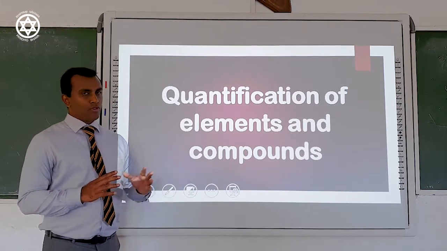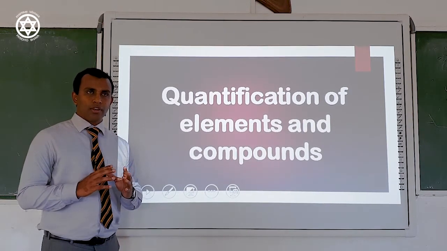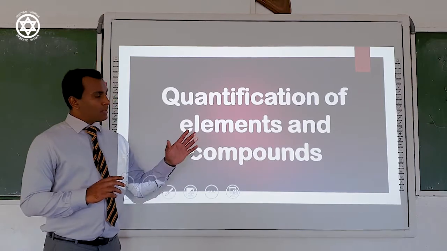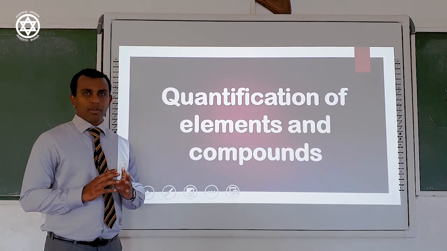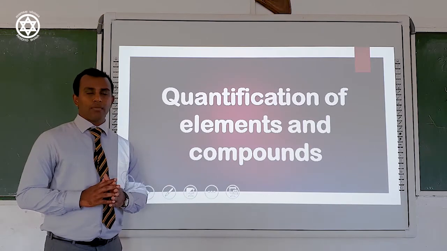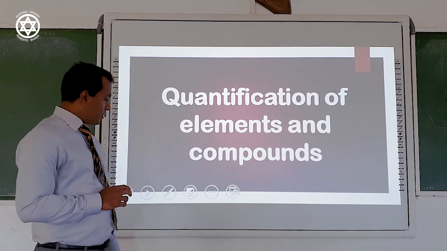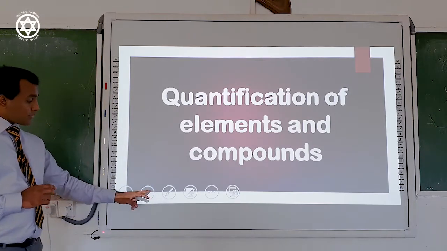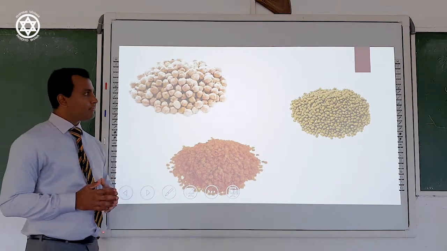But here we are not going to learn about the things we buy in a quantitative manner in day-to-day life. That topic is depending on measuring something, here meaning elements and compounds, quantitatively. So at the very beginning, I would like to show materials you are familiar with in your day-to-day life.